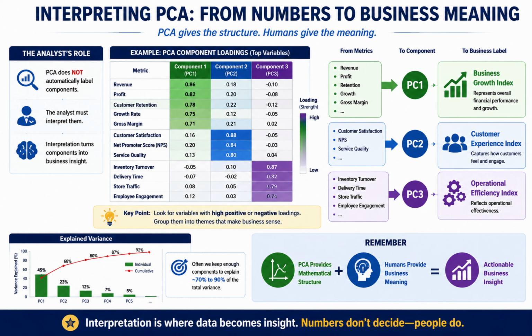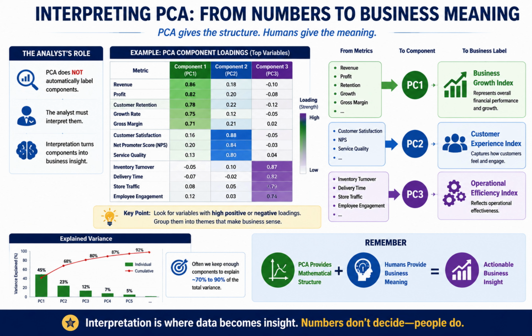Interpreting PCA. PCA gives us the mathematics, but it does not provide the business meaning. That's the analyst's job. Look at the variables with the strongest positive or negative loadings. Group related variables together, then assign a meaningful business label.